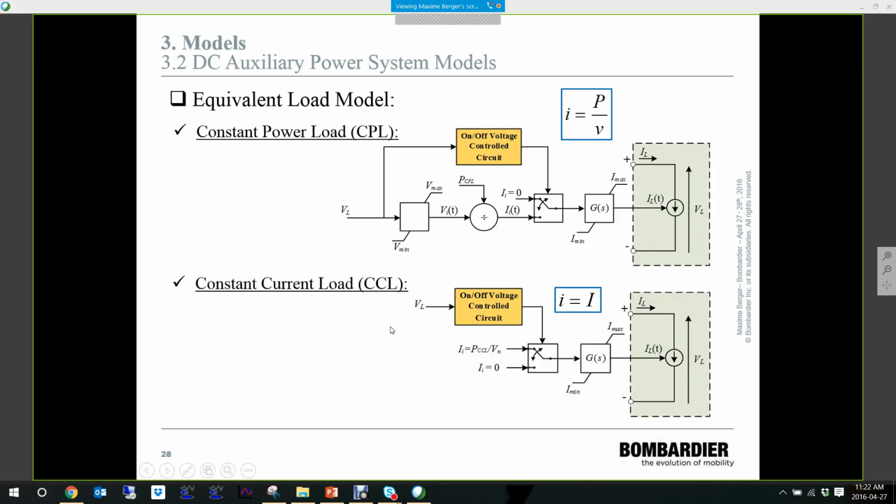And for a constant current load, it's a constant current source, but it is controlled using an on-off voltage control circuit. And the reason we do that is because these loads typically have internal power supplies. So when the voltage drops below a certain value, these loads won't be able to work. So we are modeling it in EMTP.